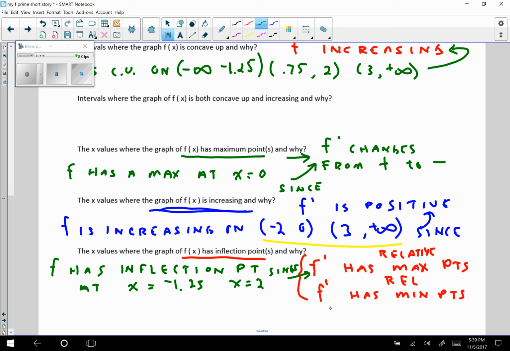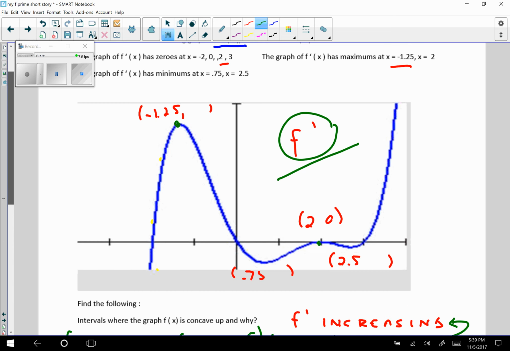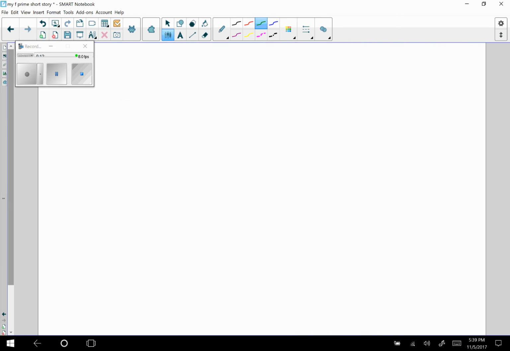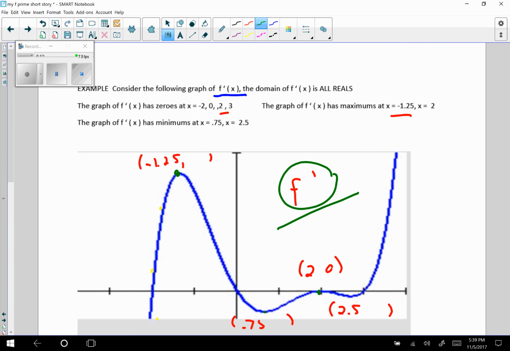And if I go back, I'm going to see if f prime has any minimum points. And sure enough, f prime does have some minimum points. At this point right there, 0.75, and at this point, 2.5. So those are two more x values where f has inflection points, since f prime has minimum points at those x values.